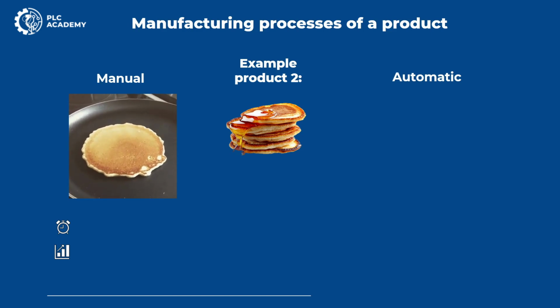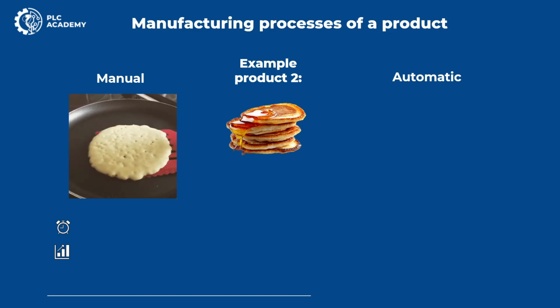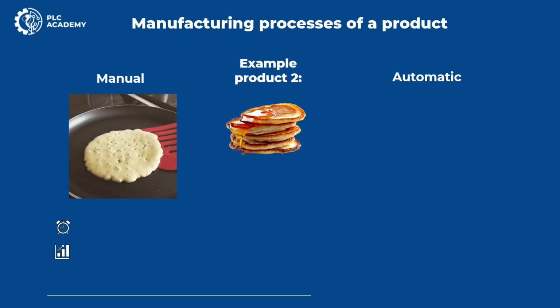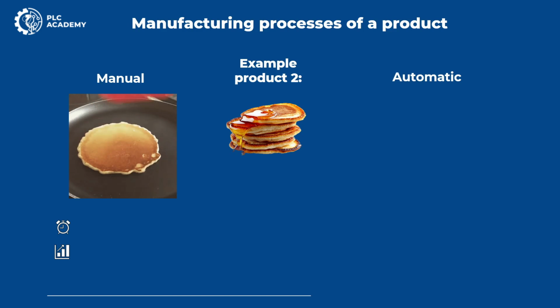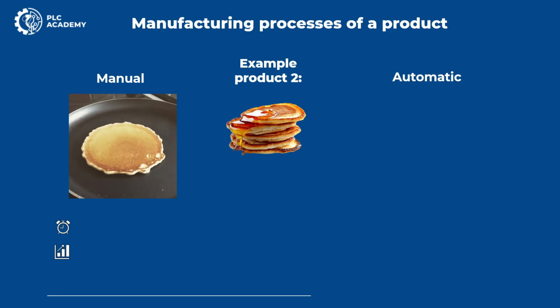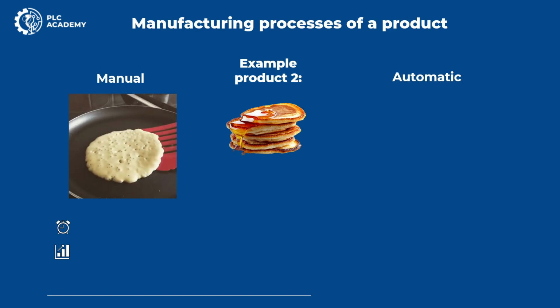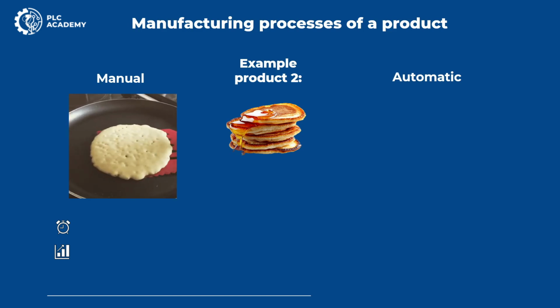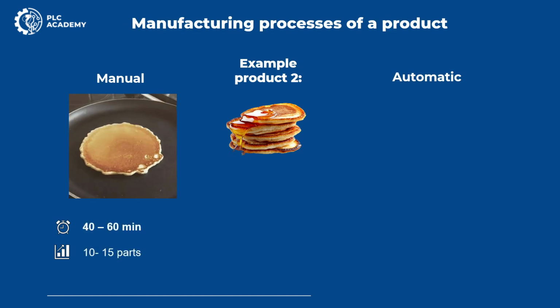Now, hotcakes or pancakes, depending on how they're pronounced in your country, but pancakes, for example, if they're manual, and I'm giving you this data, for example, how long do you guys take to prepare a pancake? Like, how long does it take and how many can you produce?